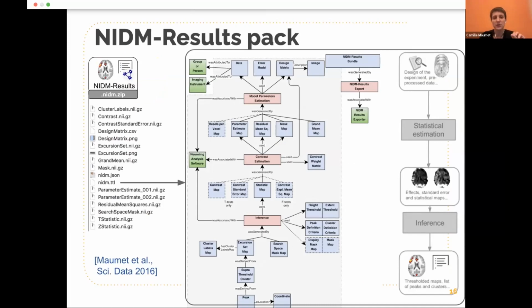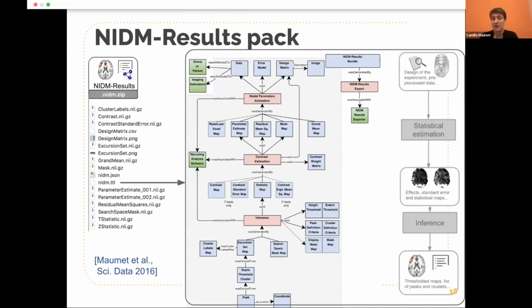And the idea of NIDM-Results is that we're going to share important pieces of metadata. So these include maybe the threshold that was used for statistical inference, but also your design matrix, but also those images that basically describe the experiment.